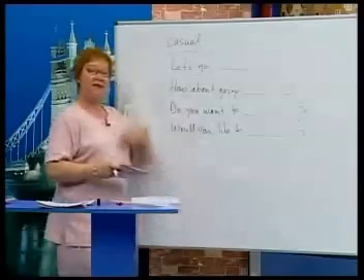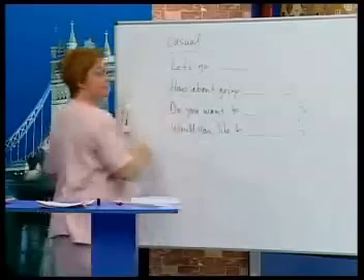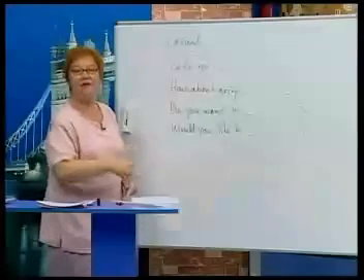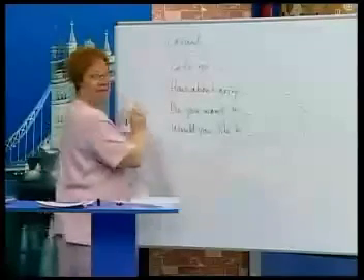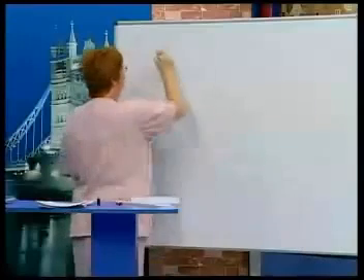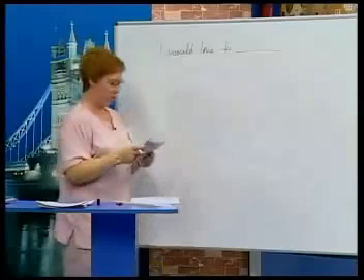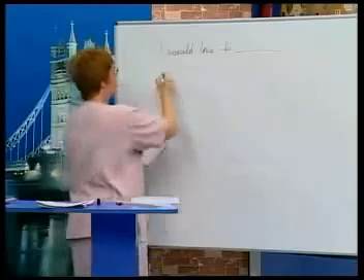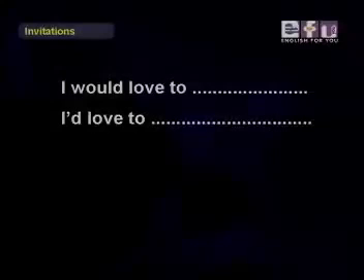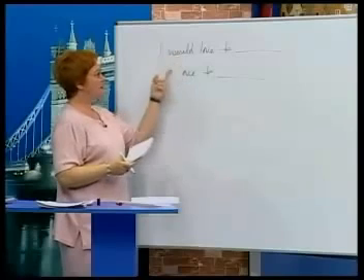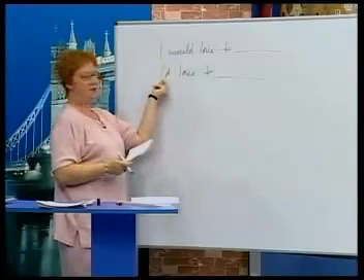Now, these were the invitations. Let's look at how to say yes, politely. I would love to. I would love to have dinner with you. Or I'd love to. These are the same, but this one is shorter.